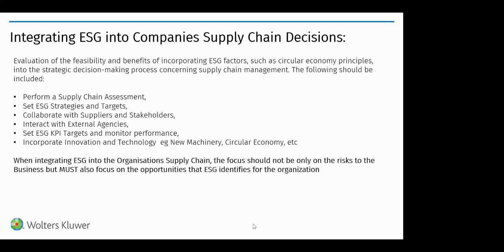So this is where companies are looking at how they can replace things in their production to not only improve the emissions, but also improve their impact on the environment from a waste perspective. So this is where organisations have to consider the overall impact of their products, not just look at one component of it.